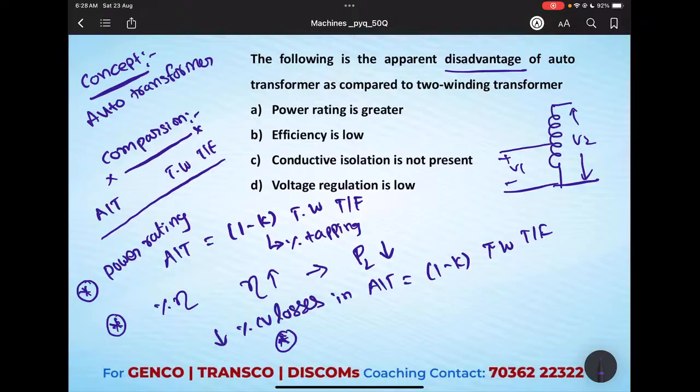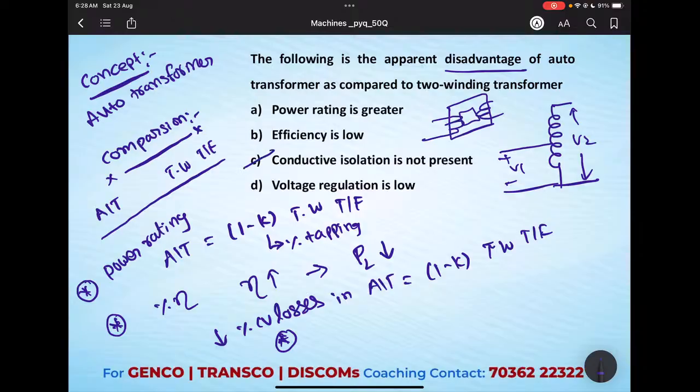In two winding transformer, if you see, the two windings are going to be separated or isolated electrically, but connected magnetically. Okay, so isolation is there. For suppose if any insulation failure, something happen, this may not reflect in the primary side, but in auto transformer, if any fault occurred in secondary, that will reflect in primary also. So the conductive isolation is main disadvantage of the auto transformer. So our option will be C.